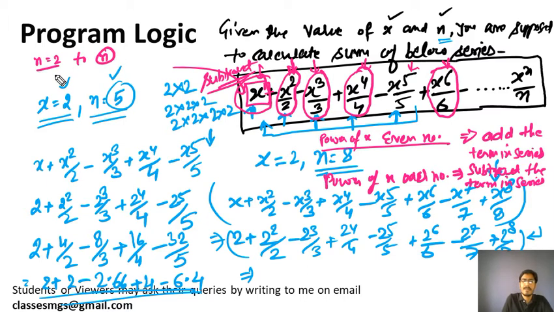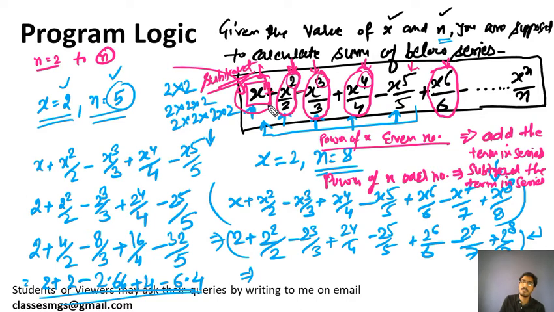up to the nth term. After 2, it is being noticed that if the value of n is greater than 1, then we are adding the terms if the power is even, and if the power is odd, then we are subtracting.